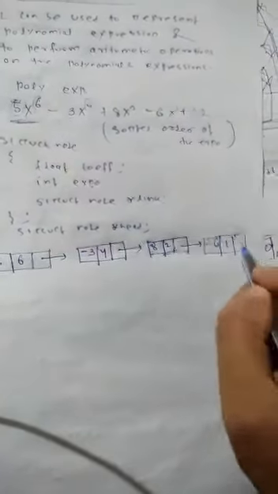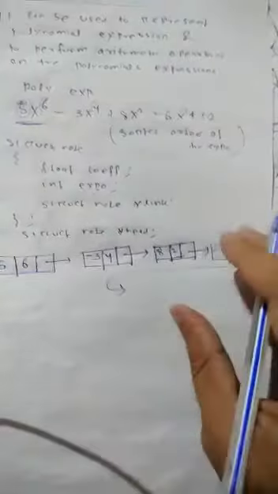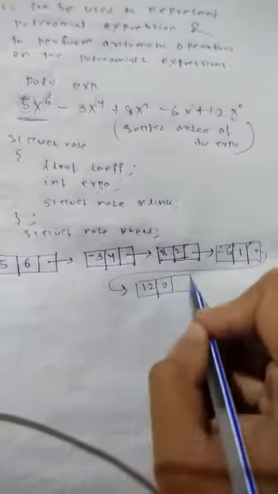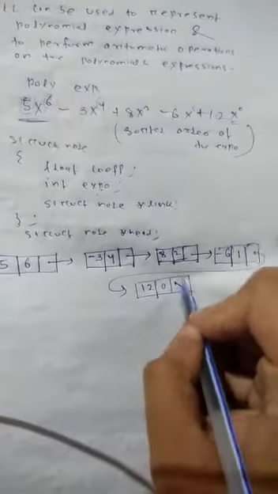Then this points to the next node, which is 12, that is 12 x to the power 0. So the coefficient is 12 and the exponent is 0. Then this is the last node, so I am giving null.